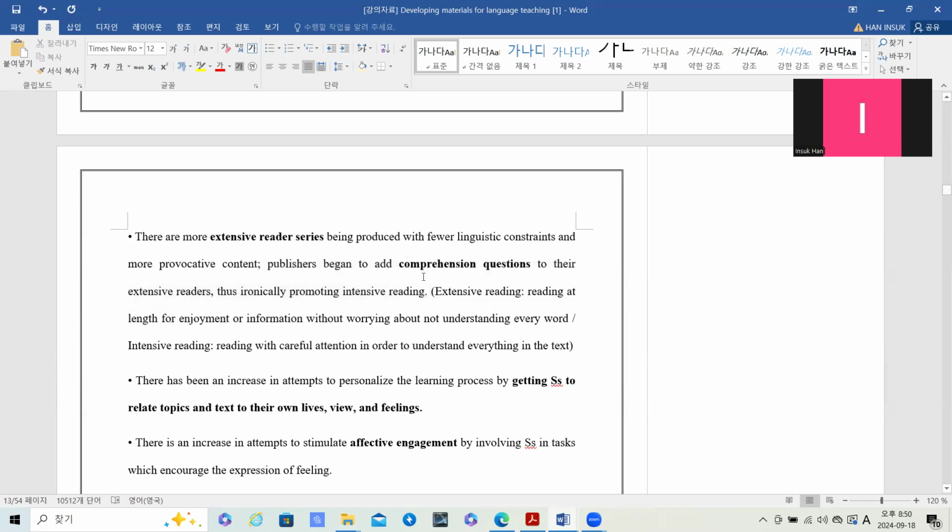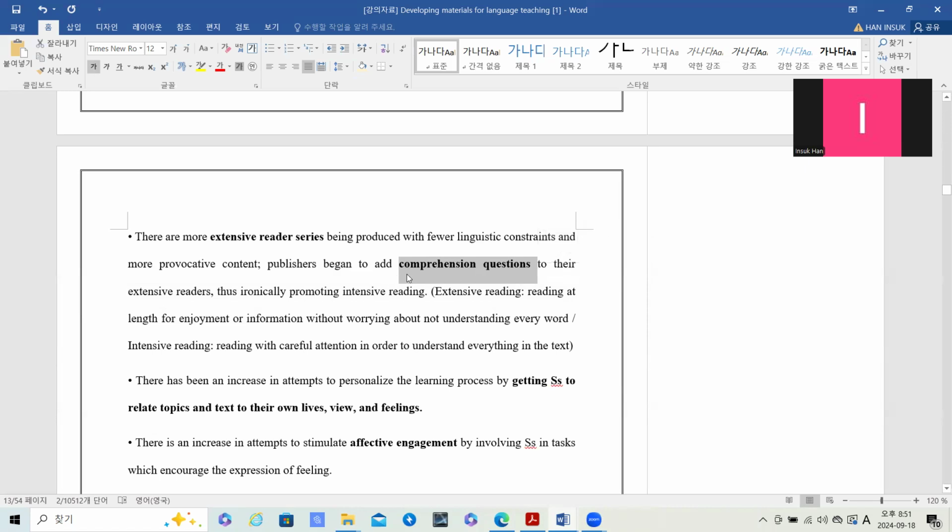Recently, the publishers tried to add more comprehension questions to their extensive readers. This means that they try to motivate their students to read more materials other than the course book, I mean. But the comprehension questions sometimes lead students to focus only on the given text materials.